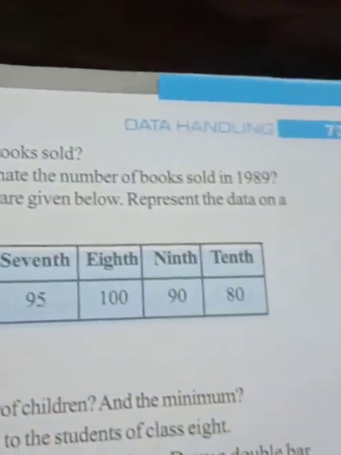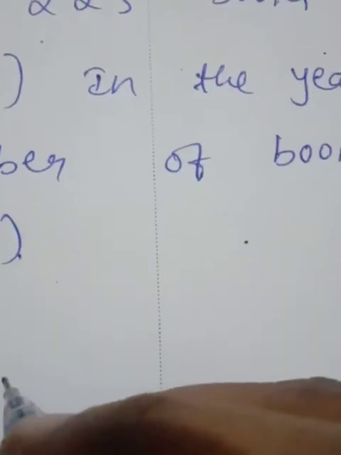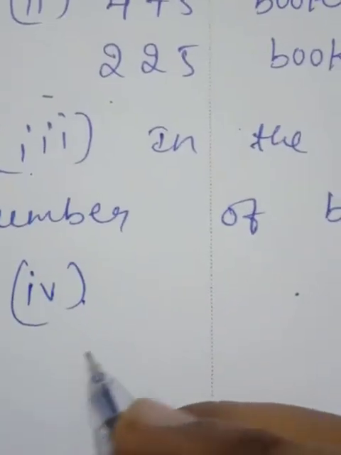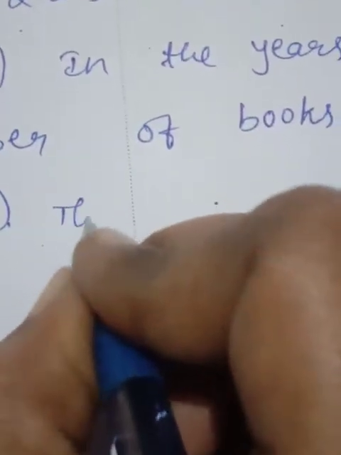Okay, next, fourth question. Can you explain how you would estimate the number of books sold in 1989? That is, in 1989 we will say that the books sold is 175. That means we have to show how we are going to estimate it. Okay, I will show you.